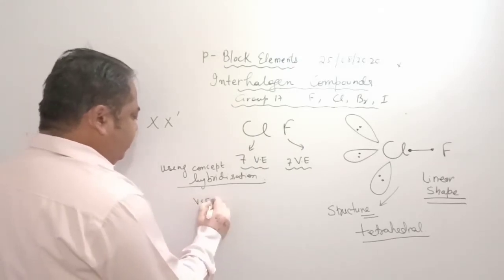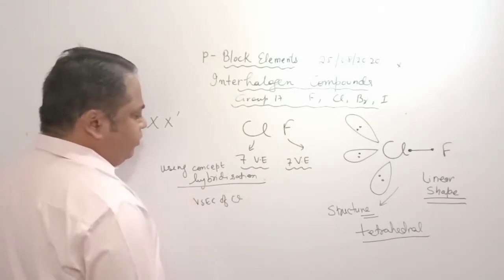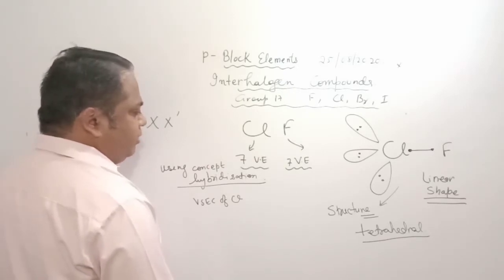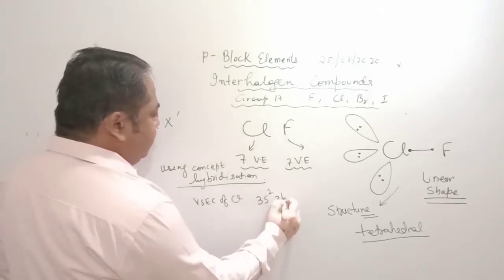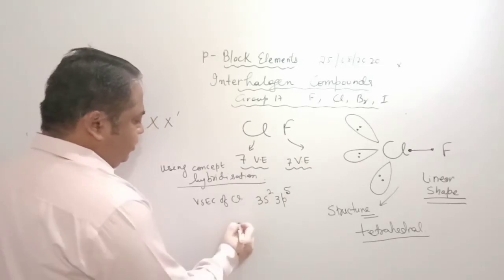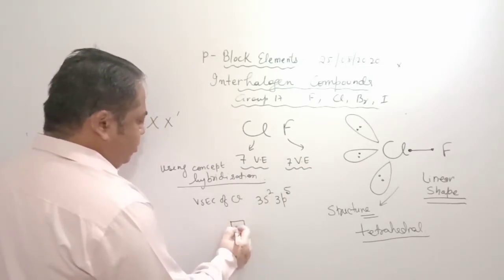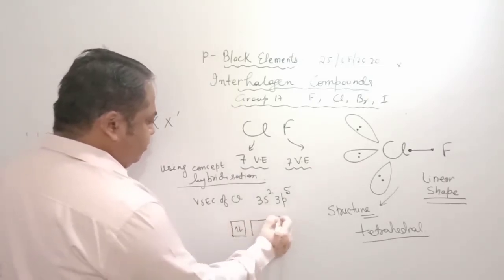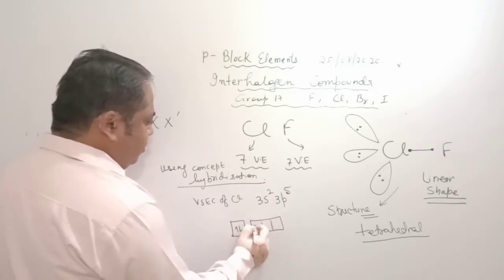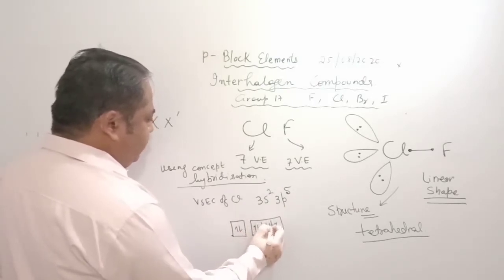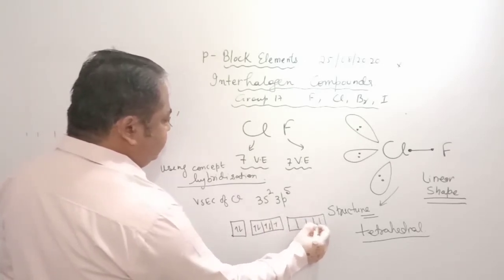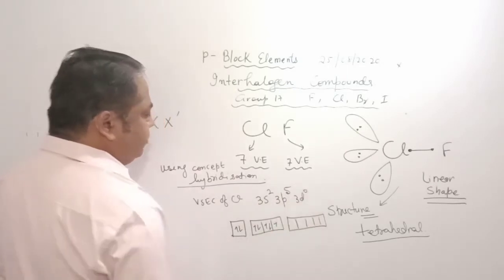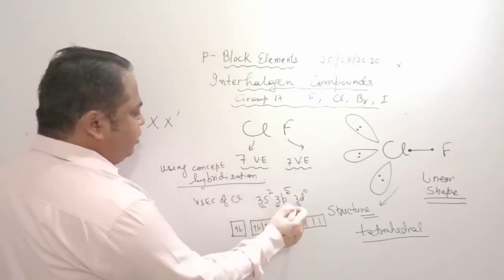Valence shell electronic configuration of chlorine would be 1s2, we will not take, then 2s2, 2p6 we will not take, it will be 3s2, 3p5. So 2 electrons are here, 1, 2, 3, 4 and 5, and d block is vacant, 3d is 0. In the third shell d has to be there, but it is 0.